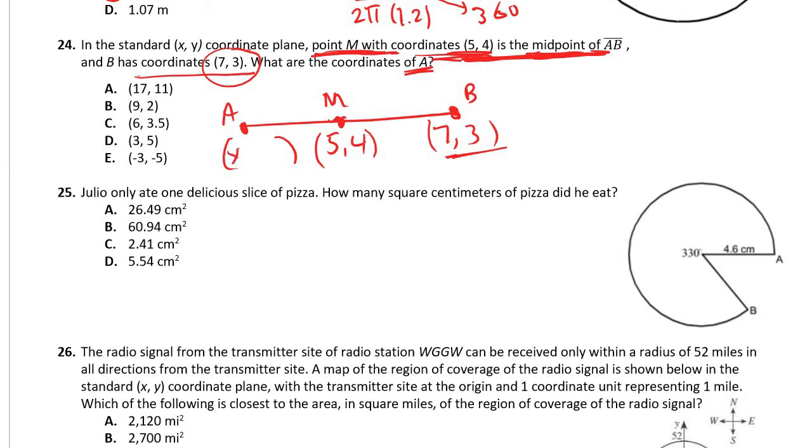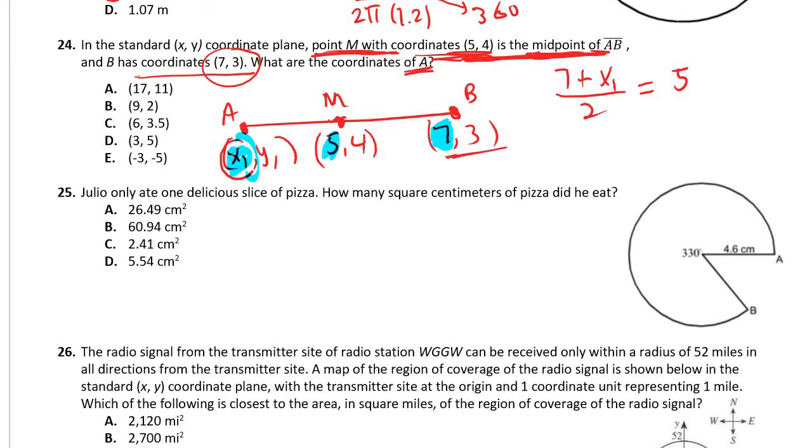So let this one be x1, y1. I'm going to find the average of x1 and 7. That should give me 5. So I'll set it up this way again: 7 plus x1 divided by 2 should give me 5.